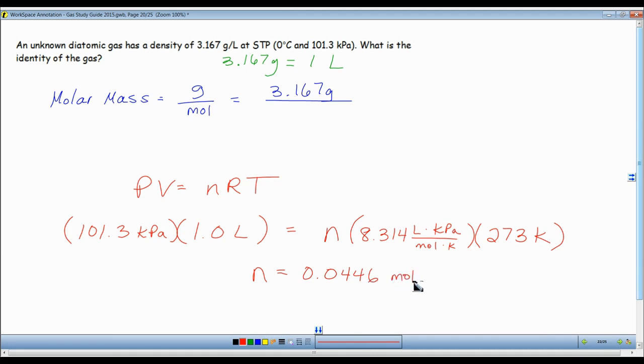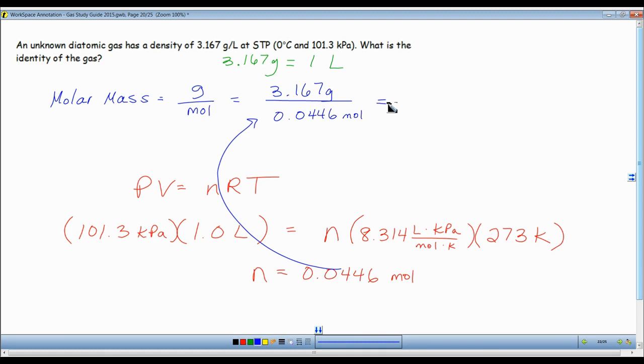When in doubt, I kind of like 3 sig figs, 4 sig figs would be fine. Okay, so there's my moles. I can do molar mass. Molar mass was grams per mole. I knew the mass because they gave me a density, which is a ratio of grams per volume. Then I used that volume in the pervert to solve for the corresponding moles. 0.0446 moles.